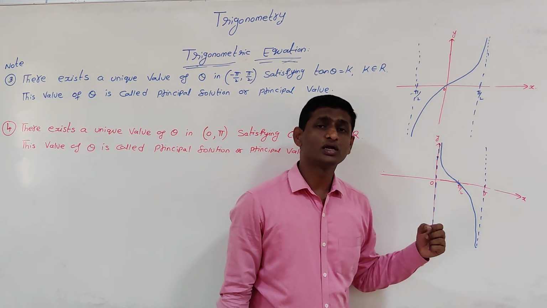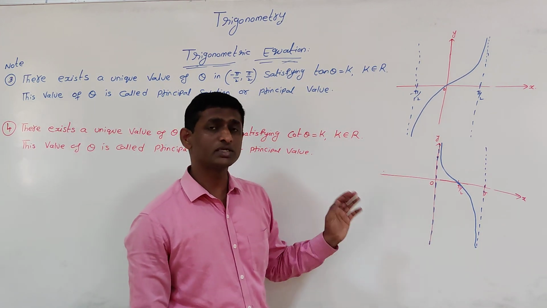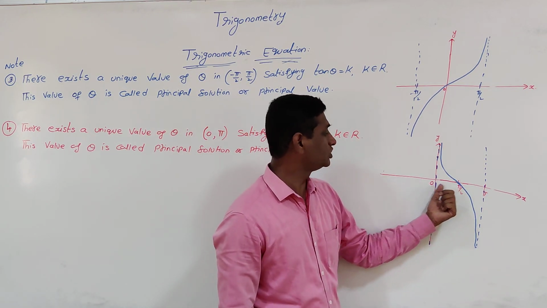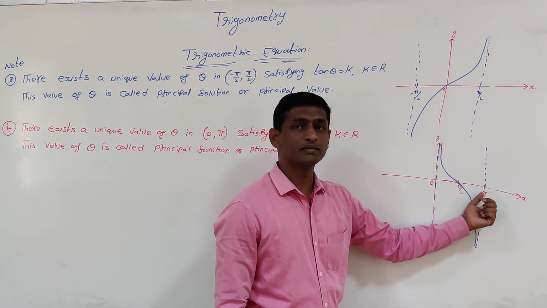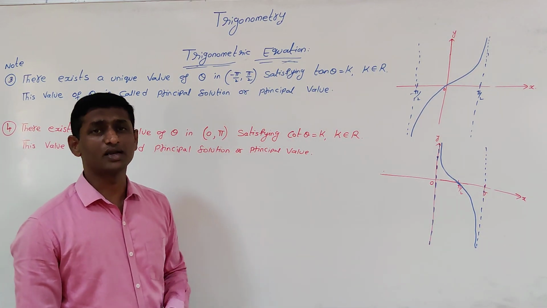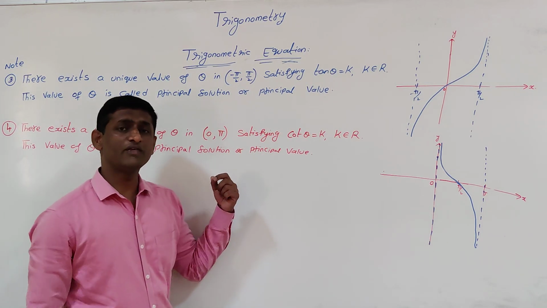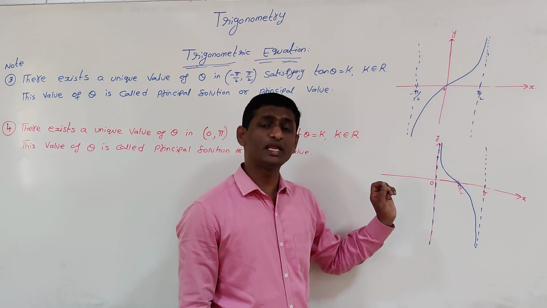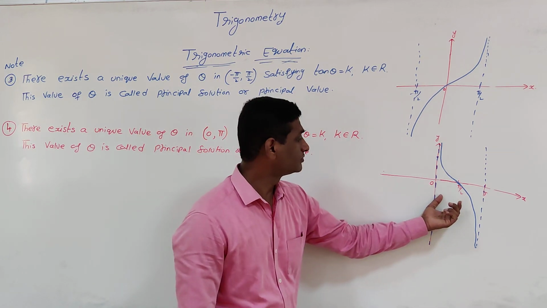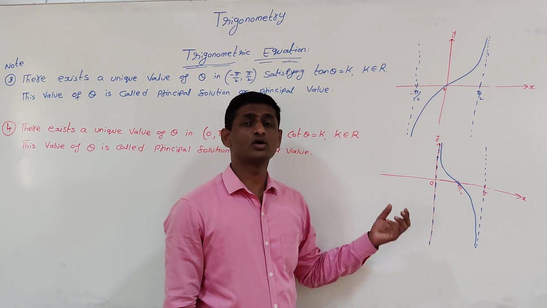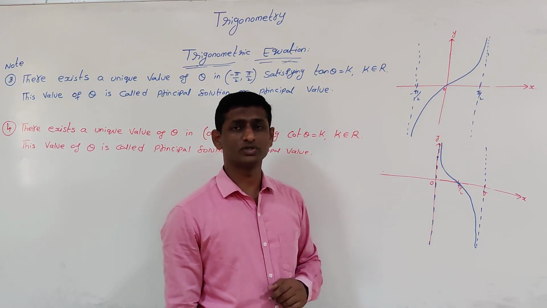Means the restricted domain of cot theta is the open interval 0 to pi, because 0 and pi are not included, and the range is R. So every element of R will have a unique pre-image, and in that case cot theta becomes a bijective function.